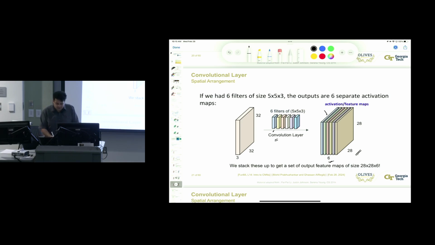In this case, the blue is associated with the first, the yellow with maybe the second. Color coding is not correct here. The second one will be here, third one will be here, and so on. What I'm trying to say here is that all of them are separate. They don't mix together at this particular stage. The outputs of a kernel are independent of each other, and you'll get separate activation or feature maps.